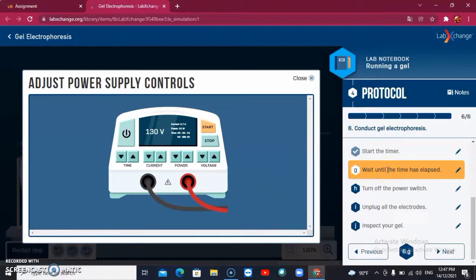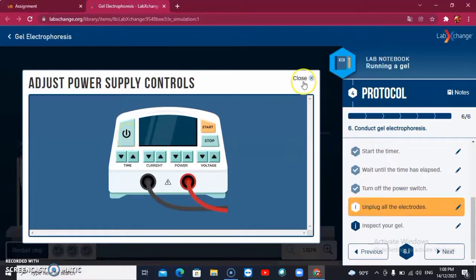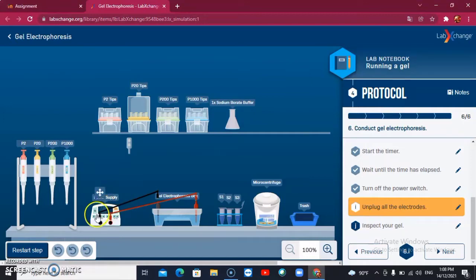Wait until the time has elapsed. Now turn off the power switch. Unplug all the electrodes.